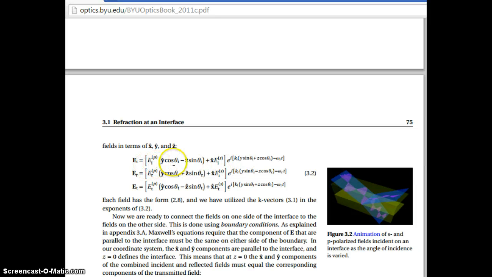All we're doing here is partitioning out the P electric field and the S electric field, and then substituting our k dot r. So let's deal with the k dot r first. Our r is x hat plus y hat plus z hat.